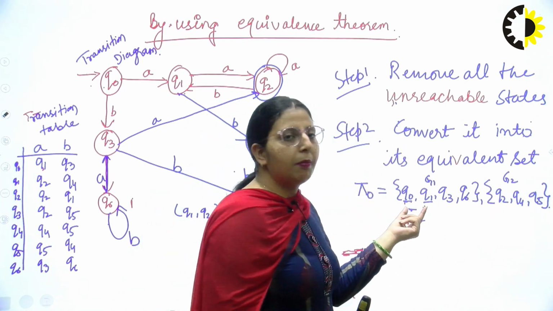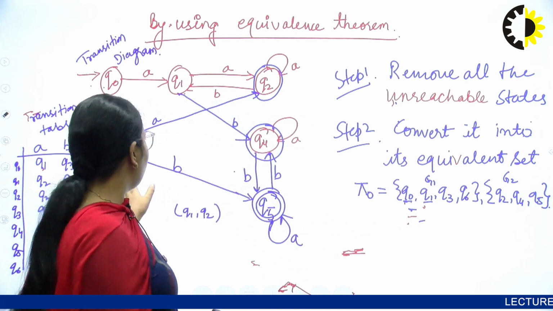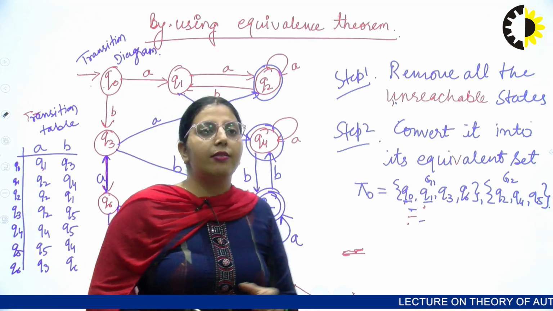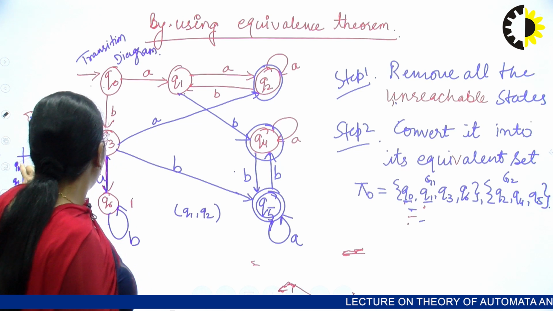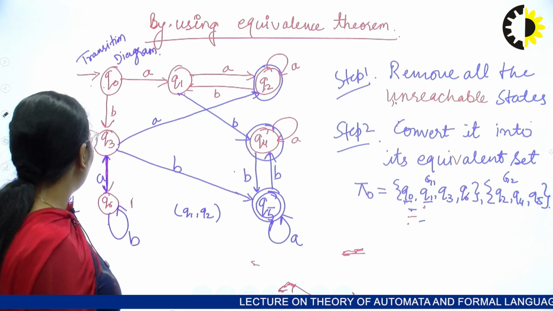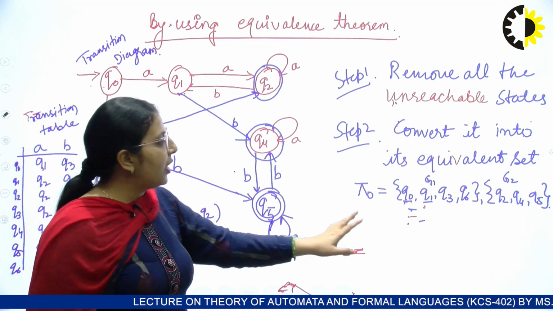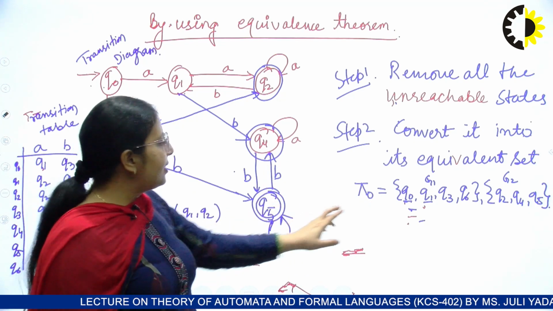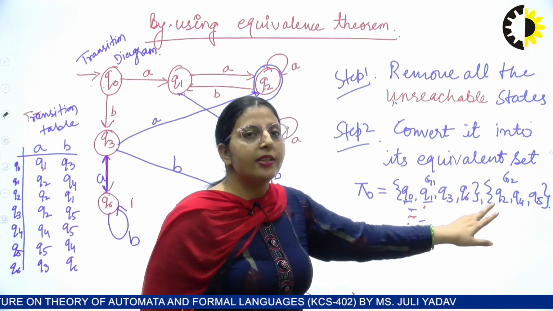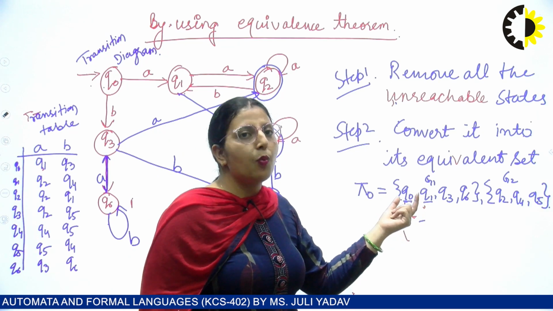So we cannot combine these two states. We have to check whether Q1 and Q2 lie in the same set, but here we can see they lie in different sets. So we cannot make them one state.